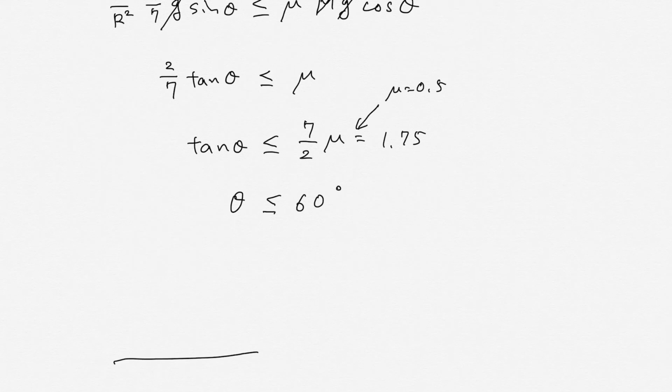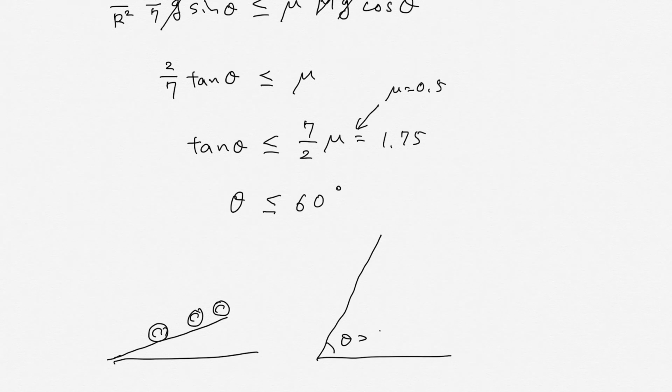So if theta is small, rolling without slipping is possible. But once theta is larger than 60 degrees, the object cannot roll without slipping. It's going to slip, because friction is not large enough. Okay, so this is the answer to this question.